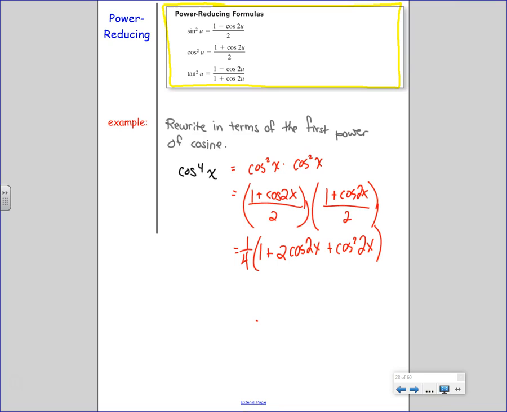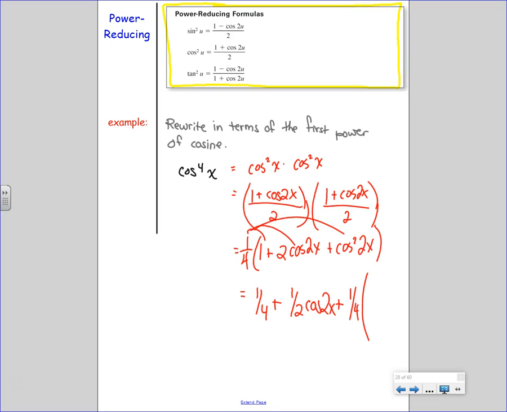Do it again. The 1/4 times 1, I have no problems with. He does not have cosine to a higher power. So that's okay. The 1/4 times 2 cosine 2x, that'd be 1/2 cosine 2x. I have no problems with him, because he's only a cosine to a first power. But the 1/4 times cosine squared, I do have issues with.